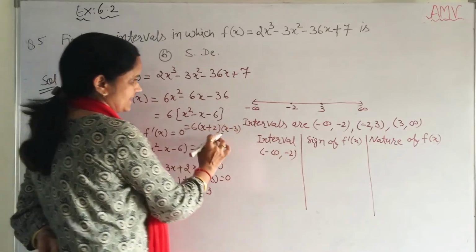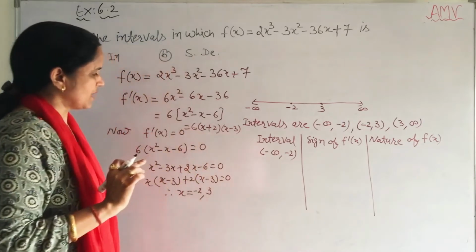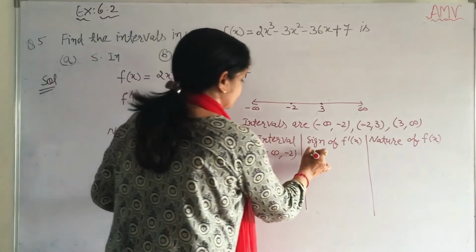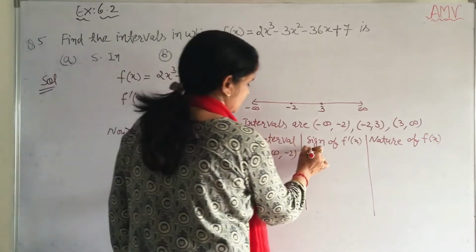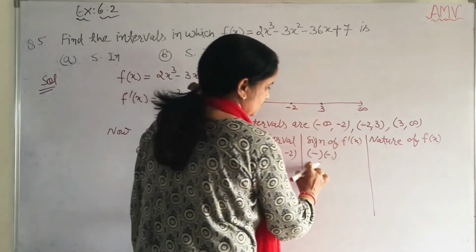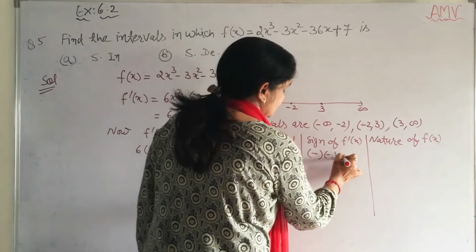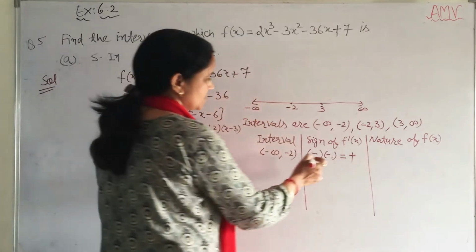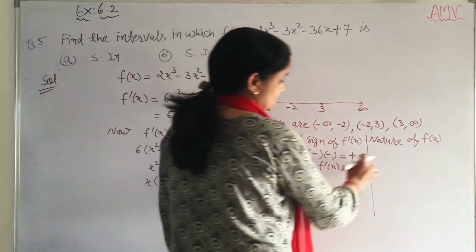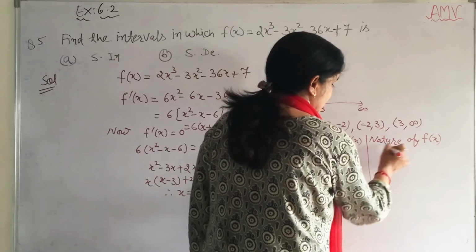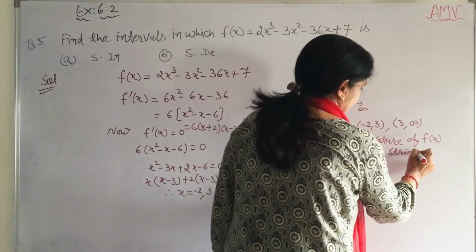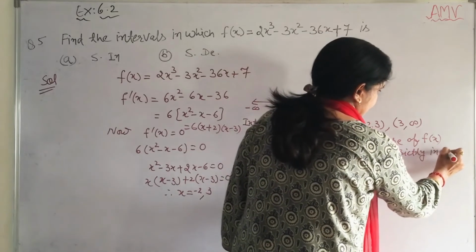If you take minus 3 in place of x, this factor is negative and this is also negative. Negative times negative makes it positive. So f dash x would be positive. You can write f dash x greater than 0. That's why the nature of function f(x) is strictly increasing in this interval.